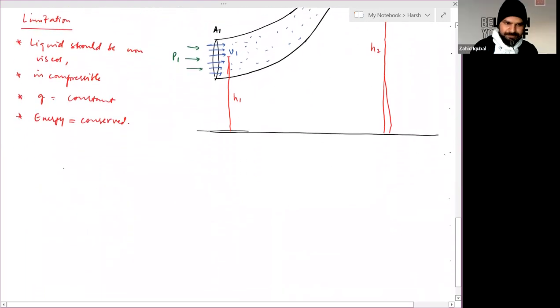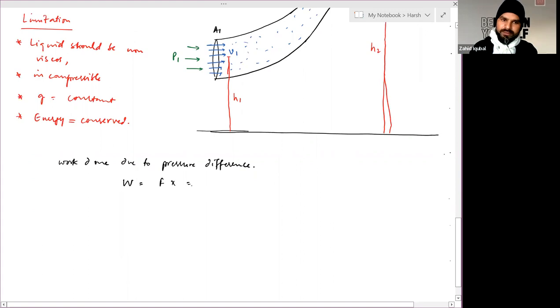So, first part: work done due to pressure difference. Work done is simply force times displacement.